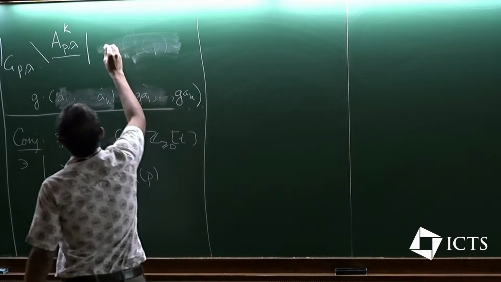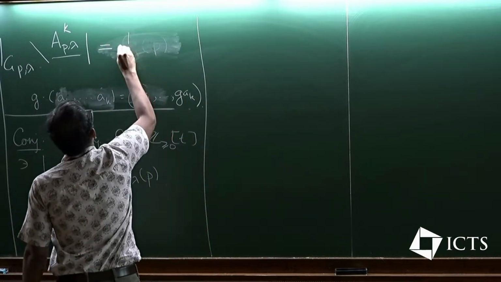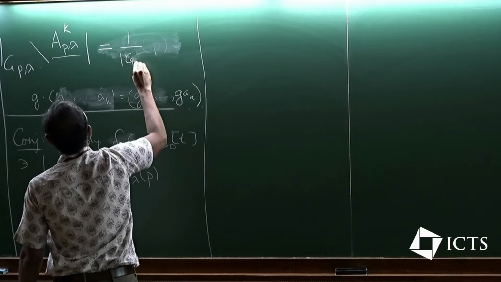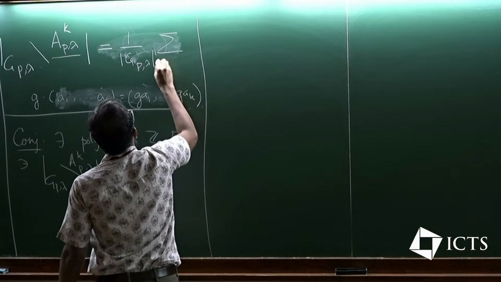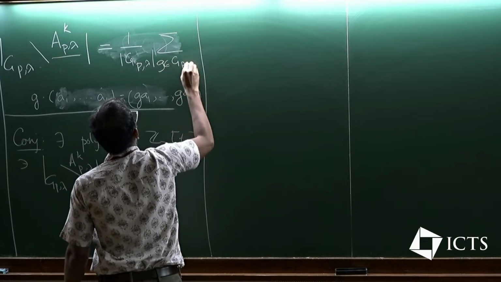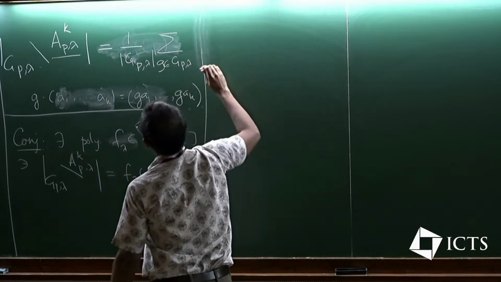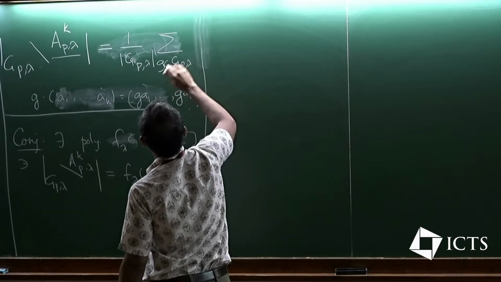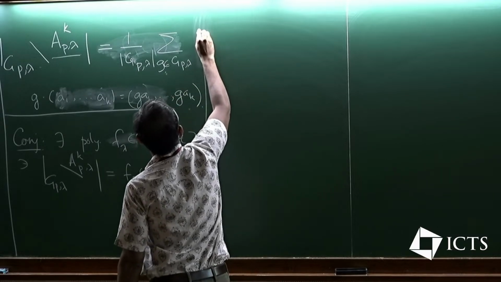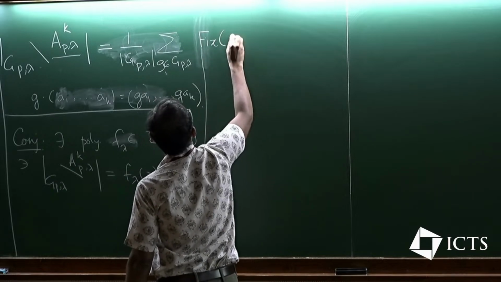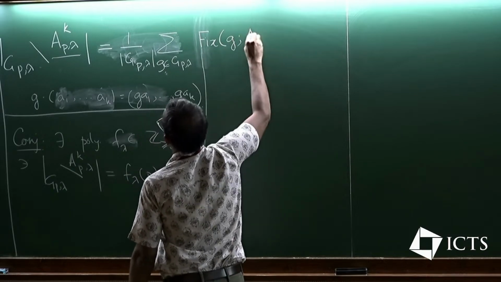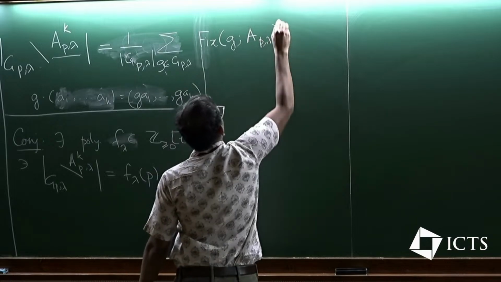So this would just be by Burnside's lemma, right? And if you could just write down how many fixed points there are, the fixed points of G on A_P lambda to the power k.